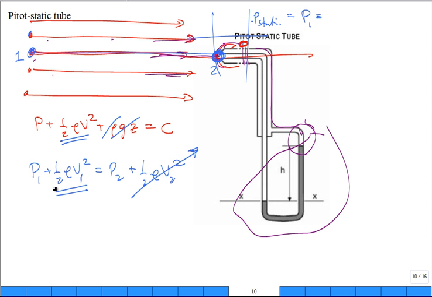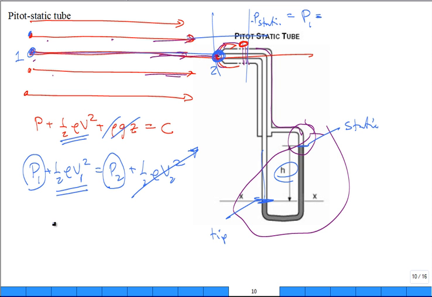So you have the pressure at the tip, equal to the measurement, the difference between the static pressure on the side and the combination of static and dynamic at the tip. It pushes it down, you get a difference in the pressure.